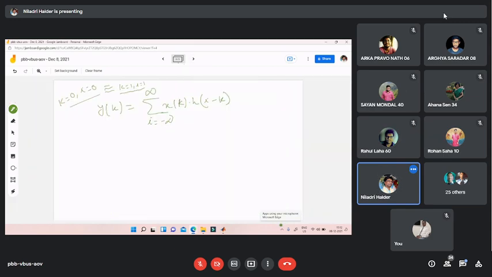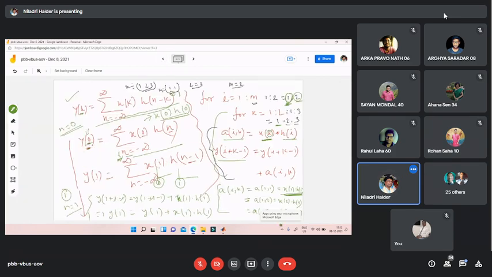Similarly, for k equal to 0, equivalent to 1, so I consider it as 0. For k equal to 0, what are you getting? I varies from 1, 2, 3. Sorry, I varies from 1, 2, 3.